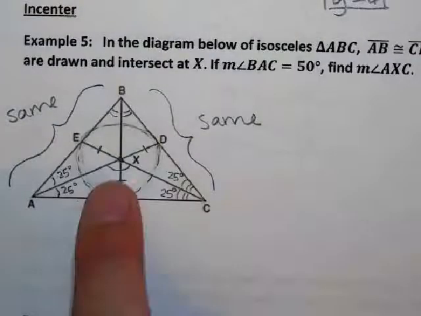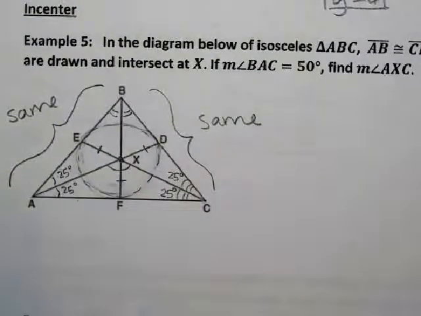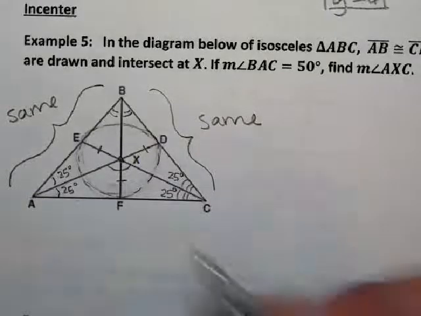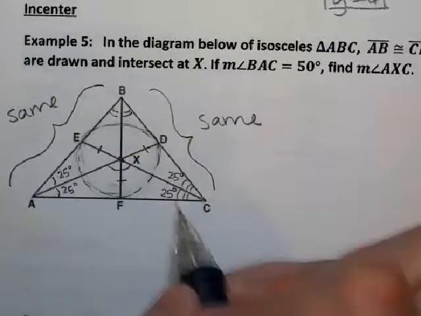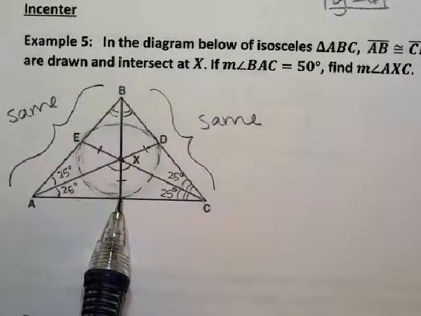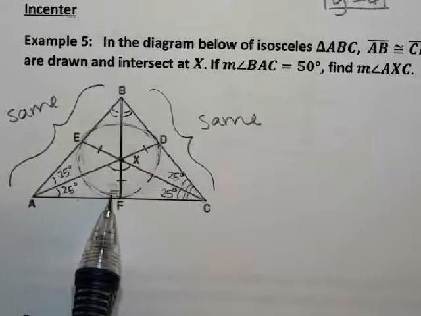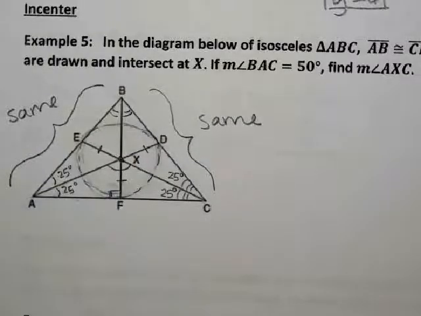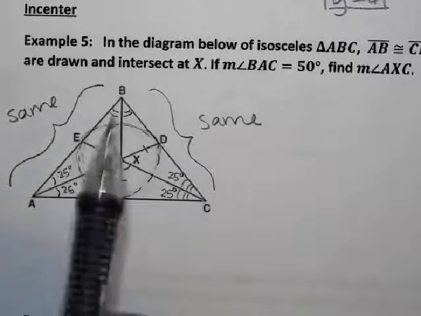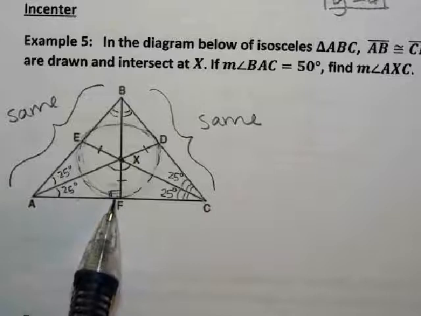Okay, so you're saying, well, that's assuming we don't know anything about this angle. It's probably 90, but we don't know that for sure, because we're assuming that. But there is another way we could get it. We just have to think of a different triangle.